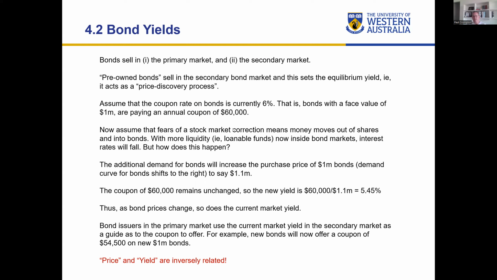Because if you're worried about a stock market correction and you sell your shares and you take all of that money and move it into the bond market, the way you move it into the bond market is buying bonds. And so as you buy bonds, you are then lending your money into the bond market. But that act of moving money out of the stock market and into the bond market by buying bonds shifts the demand curve for bonds themselves to the right.